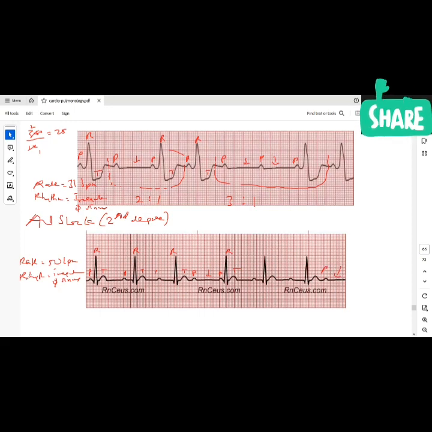AV block. So what degree do you think this would be? Is it the same as the first that we saw or not? No. It is also, so what degree?